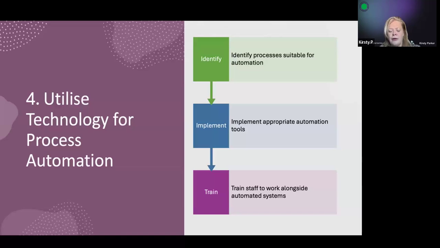The second one is implementing the right automation tools, and the most obvious one, if you're managing a number of customers, is a CRM system, and also accounting software and project management platforms. Now, I had a background in corporates originally, and we'd be working with Salesforce, which would cost hundreds of thousands of pounds a year.